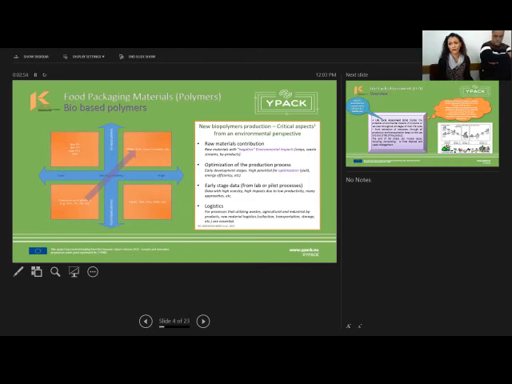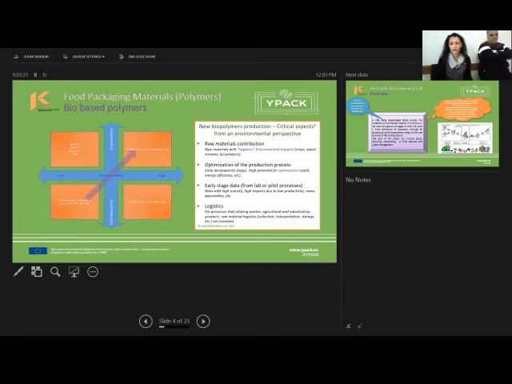From an environmental perspective, there are some critical aspects regarding the production of these new biopolymers. And these are the contribution of raw materials. We have to find raw materials with negative environmental impacts. The optimization of the production process in terms of mainly the yield and the energy efficiency.